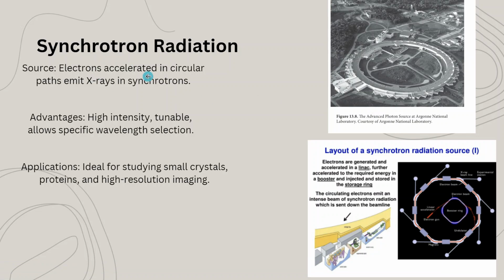So we get very high energy electrons, and this whole structure is built like this at the Advanced Photon Source at a national laboratory. So these synchrotrons are used here. They can be ideal for studying small crystals, proteins, and high resolution imaging.